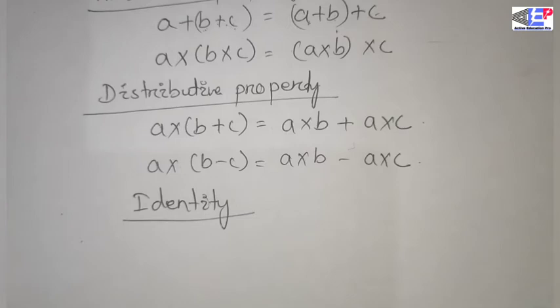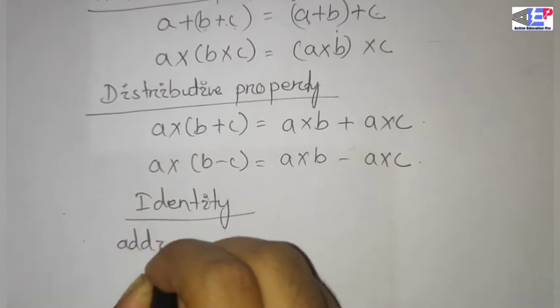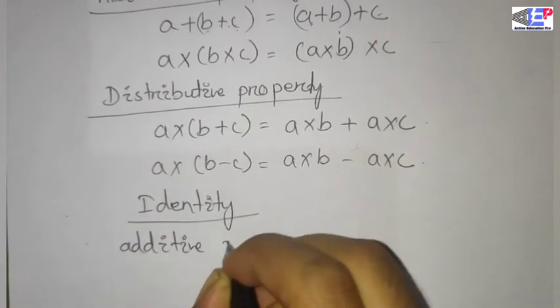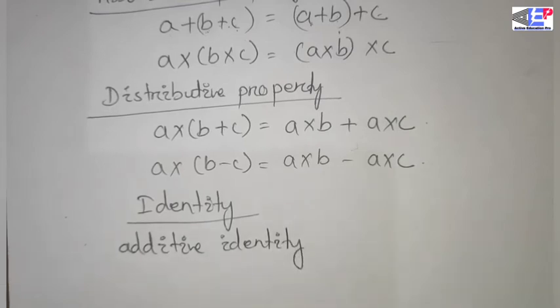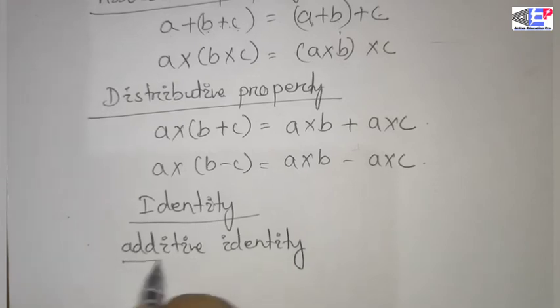Identity is of two types. One is additive identity, at the time of addition, and another is multiplicative identity, at the time of multiplication. First go for additive identity.